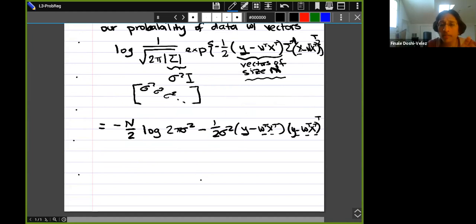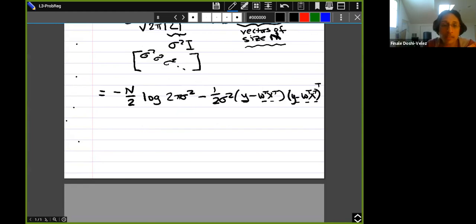And just like we could have taken the gradient with respect to w, that was last class, now we can take the gradient with respect to sigma squared.